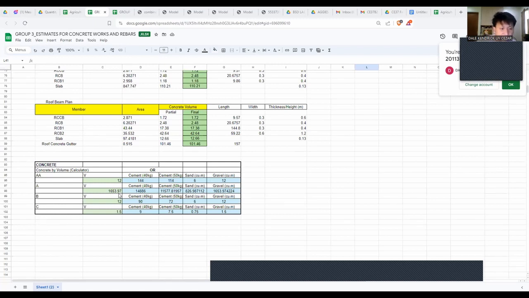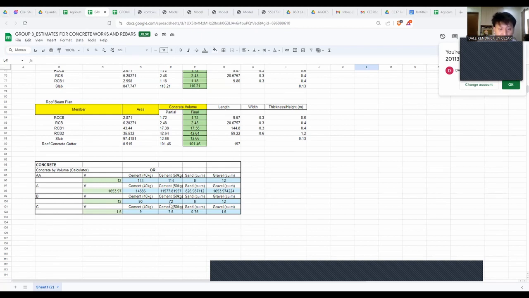And here we can also see the total number of bags of cement for class A, which is 14,886 bags. For sand, 826 cubic meters, but I rounded it up to 827. For gravel, we have 1,653 or 54 cubic meters.